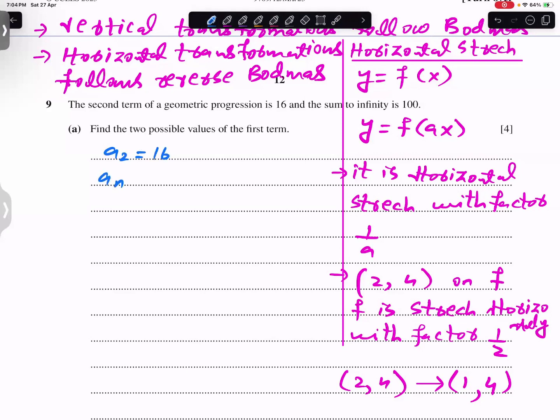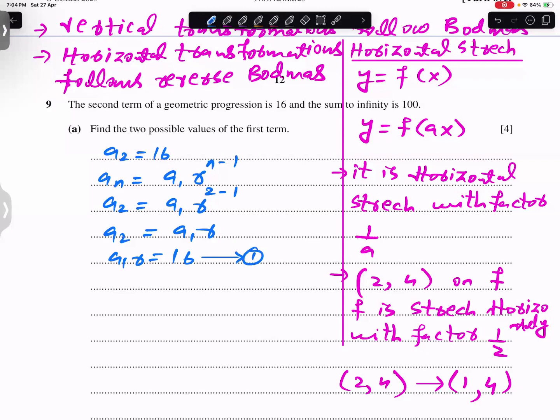And we know that the formula for the general term in the geometric progression is An equals A1 r to the power n minus 1. So A2 is simply A1 r to the power 2 minus 1, so A2 is simply A1 r. So actually A1 r is equal to 16. This is given.